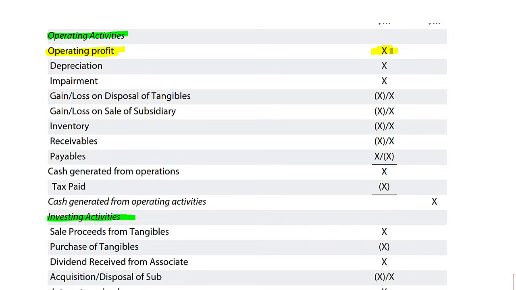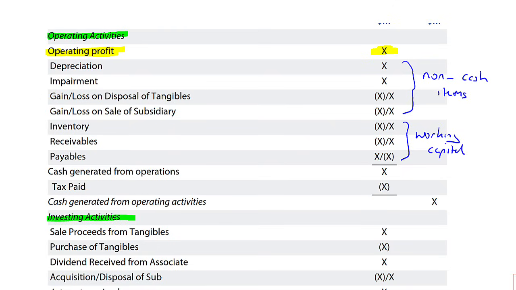Remember, IFRS 18 required the use of the word operating profit in the profit and loss. And then we add back things which are not involving cash. So these non-cash items like depreciation, amortization, impairment, profit on sale of PPE and so on. And then we adjust for working capital.